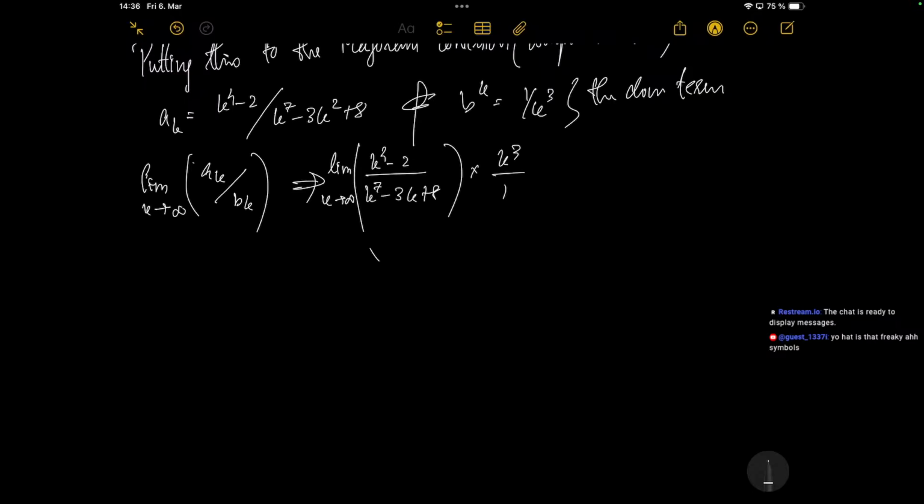So as k tends to infinity, again we're getting k^7 by k^7, which is 1.